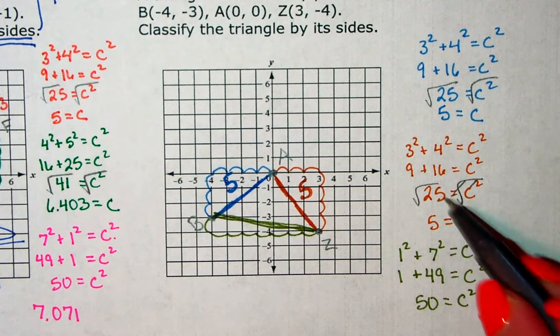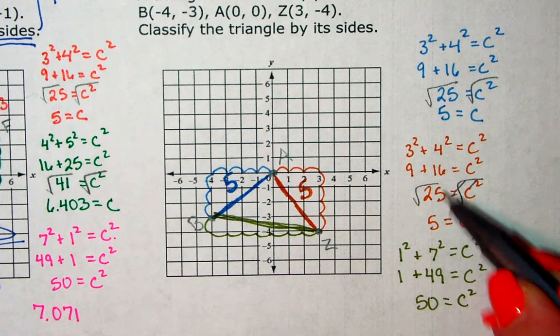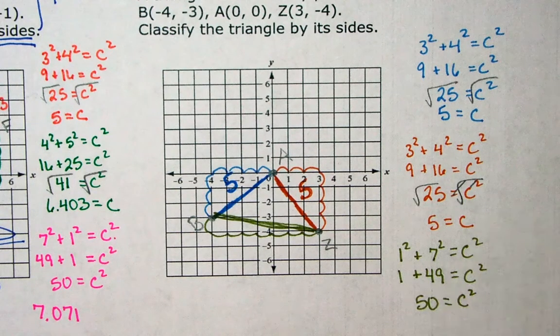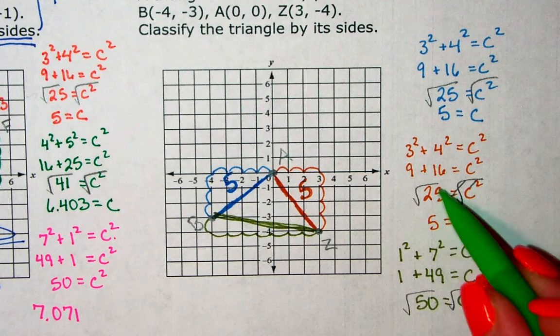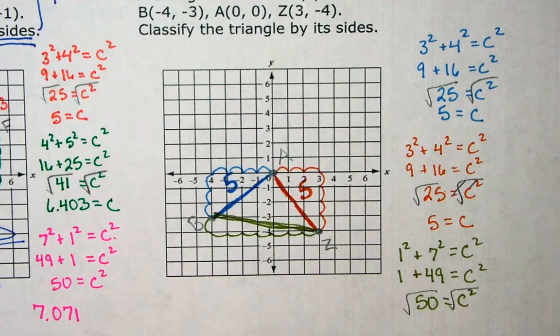It's different. Now you might think, oh, it's twice as long, right? Because the square root of 25 and the square root of 50, you might go, oh, this is going to be twice as long. So my answer should be 10, but we know the square root of 50 isn't 10 because the square root of 100 is 10. So don't do that logic. I know it seems like that should make sense, that this should be twice as long. But really, we already did the square root of 50.